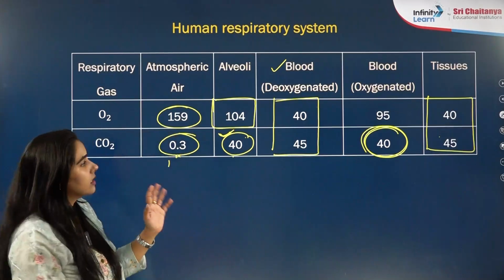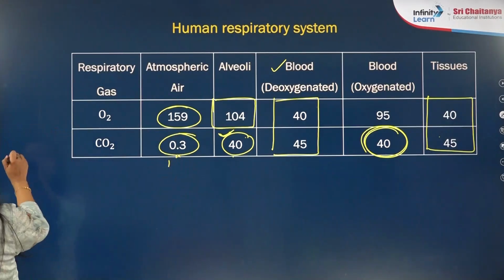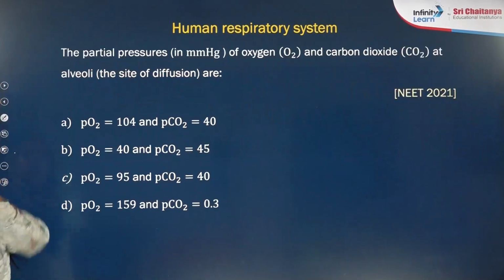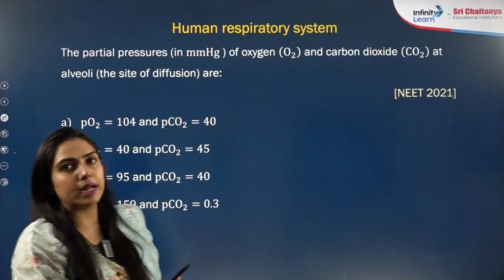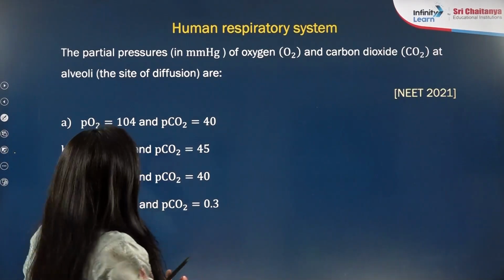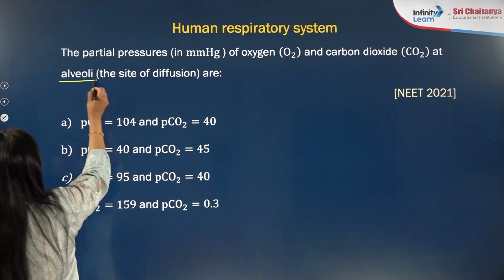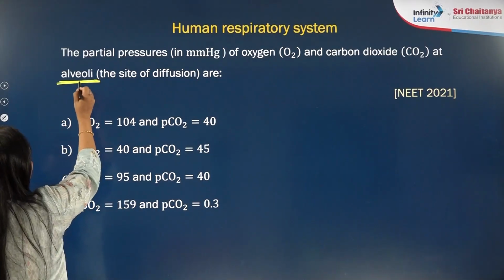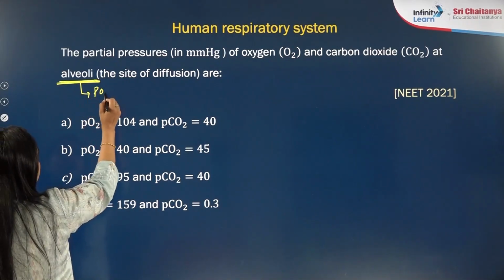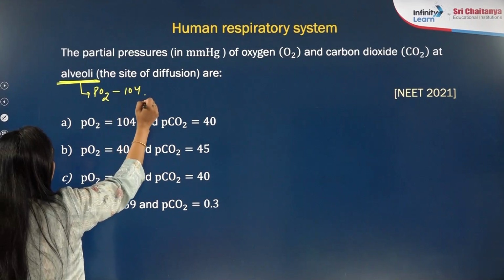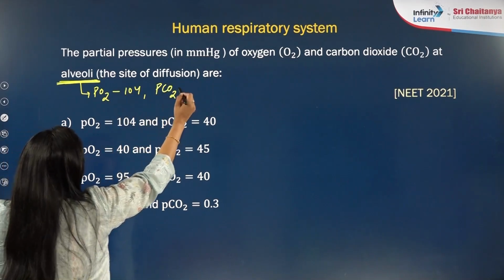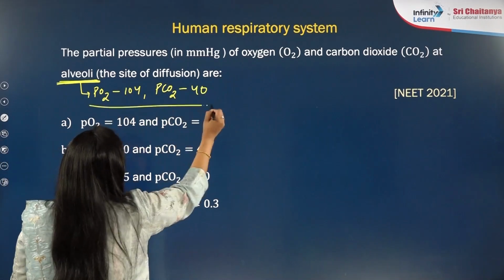So you can understand this, and on the basis of this, you can easily do the questions like partial pressure of oxygen and carbon dioxide at alveoli. Just now I have told you, at alveoli the partial pressure of oxygen is 104 and the partial pressure of CO2 is 40.